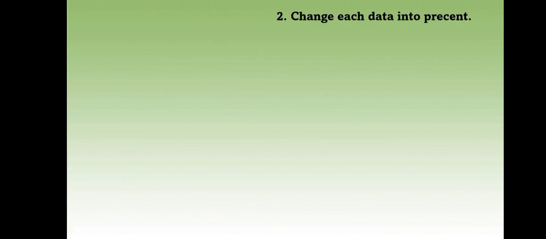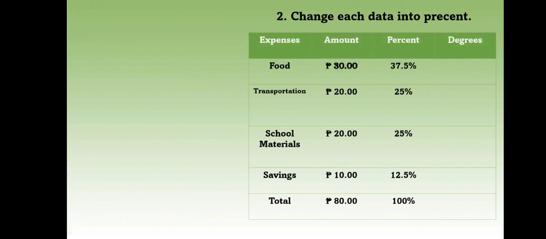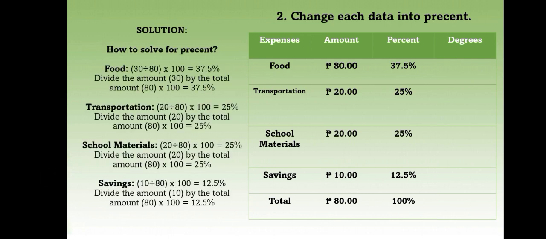2. Change each data into percent. Since the answer for the percent is already given, let's proceed to the solution. For the food, divide the amount of 30 by the total amount of 80, multiplied by 100, equals 37.5%.